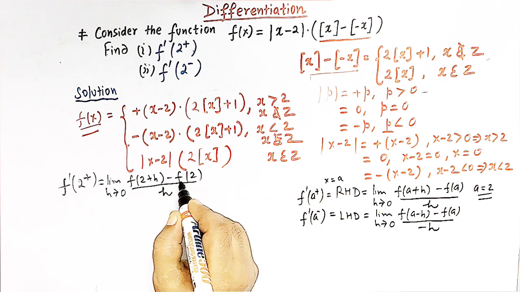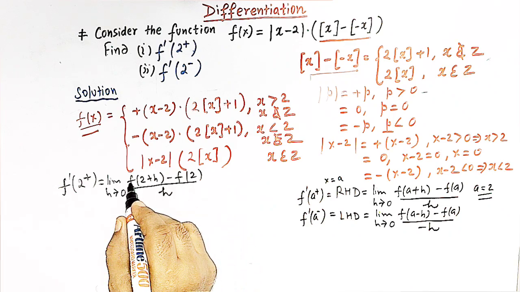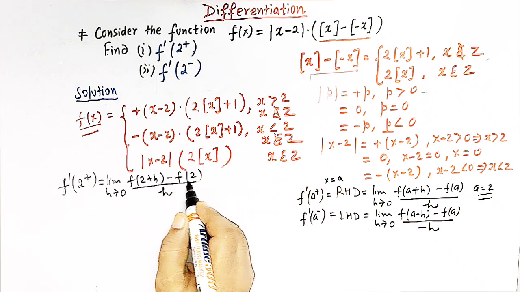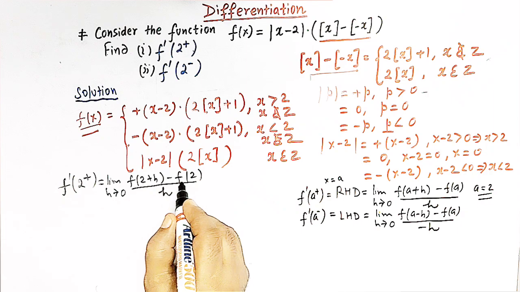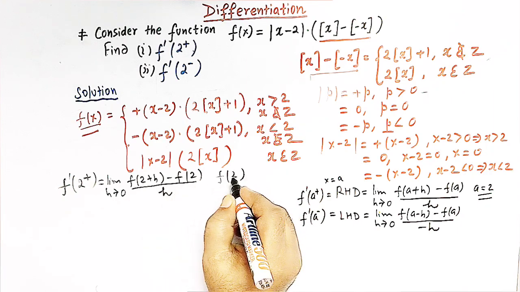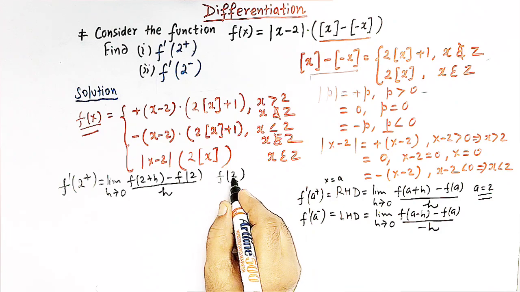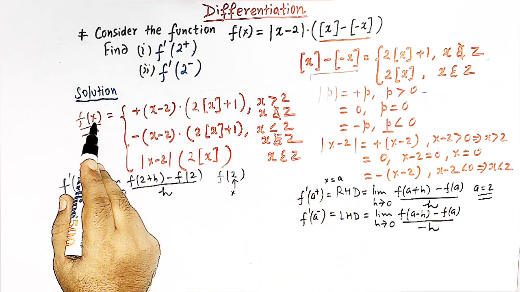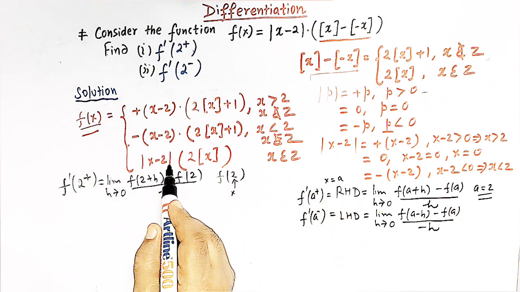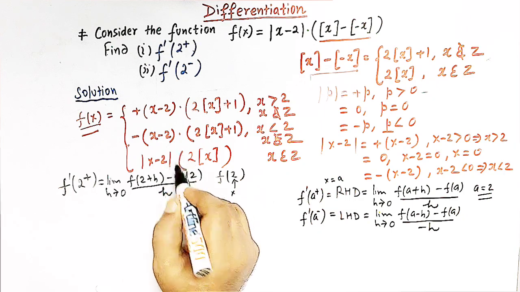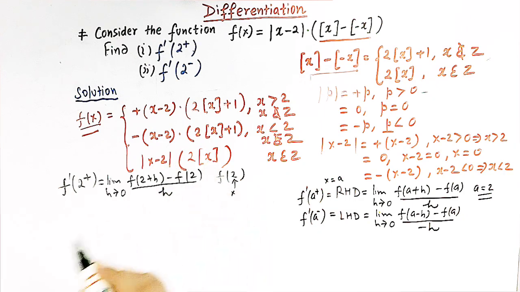So now we have to find out the value of f of 2 plus h and f of 2. So let us first find f of 2. Now see, when we have f of 2, here we have the integer 2, right? That is x is equal to 2, which is an integer. So f of x is now defined as mod of x minus 2 times the 2 times the greatest integer of x.